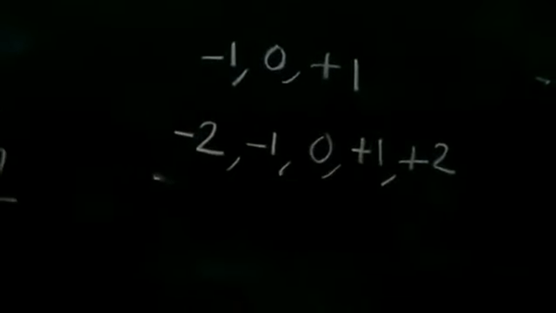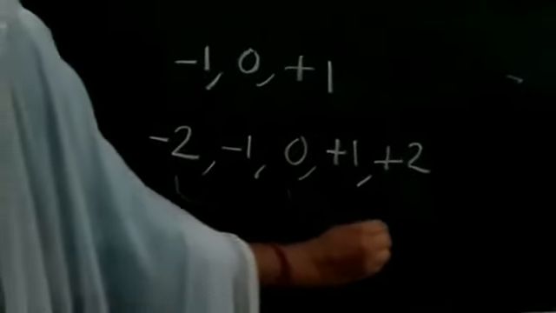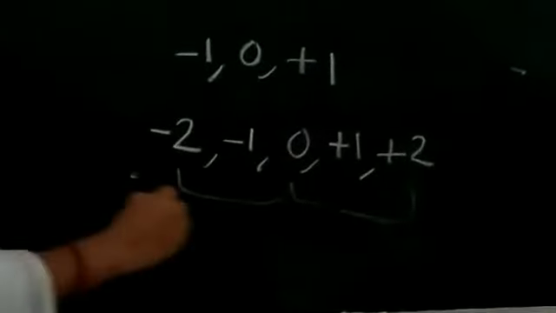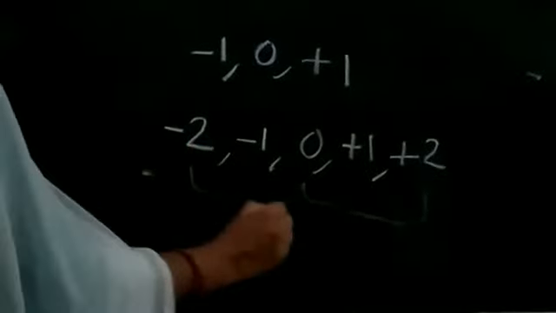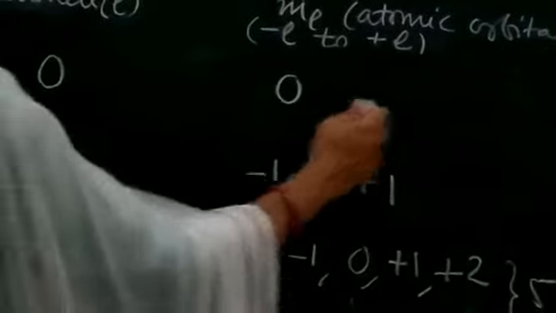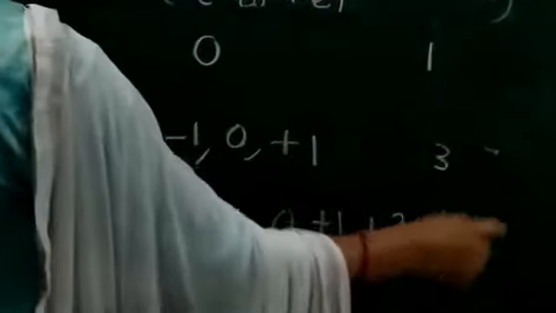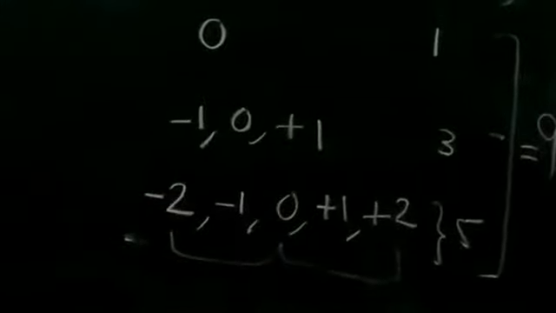That means for this subshell, we have 5 orbitals, right. So in total, how many orbitals are there in the third shell? 1 for S, this is 3 and this is 5. So total we are having here 9 orbitals.